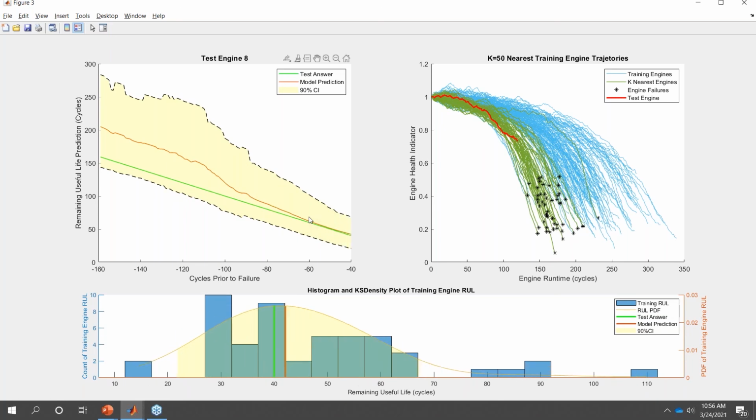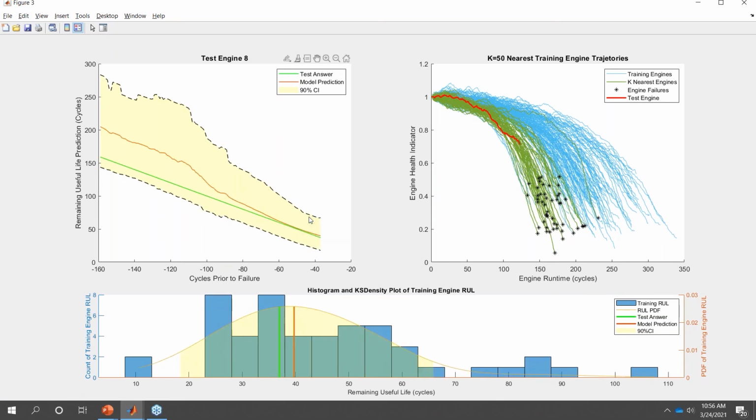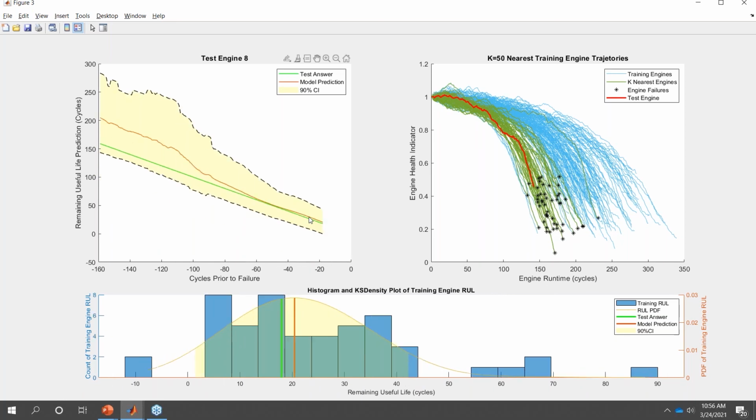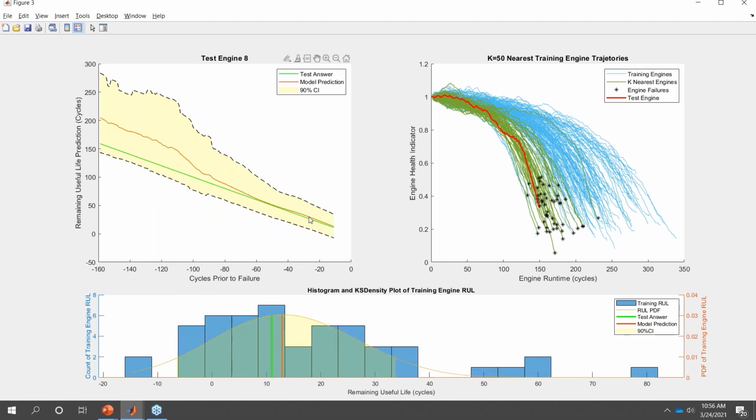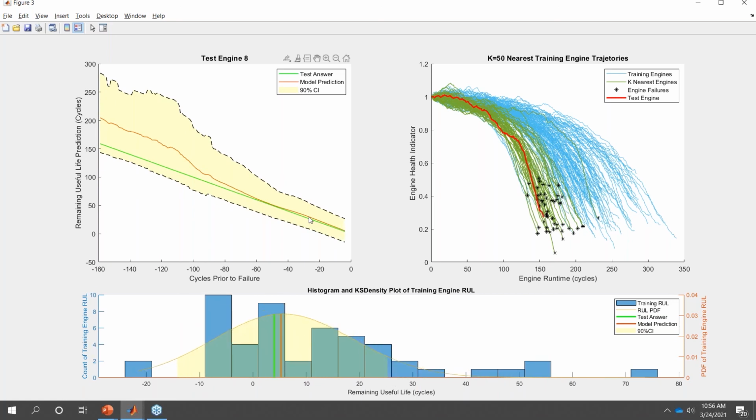And this 60 cycles before failure is potentially when it would start getting into the warning range in our condition monitoring systems. It's probably where we'd start to begin with. But we can see we get pretty ample warning for when it's going to fail. So we have a long time to act on it before failure.